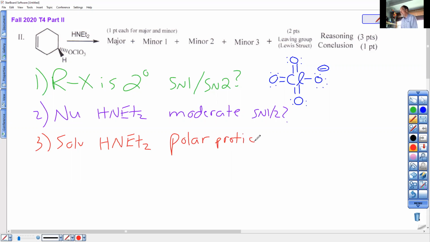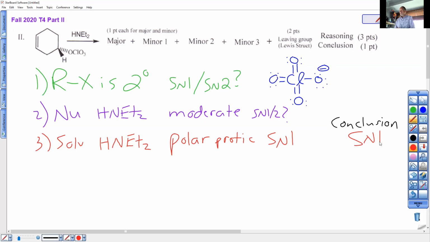It's a polar protic solvent, which favors carbocations. That's SN1. My conclusion is SN1 because nothing else said anything else, based on solvent this time.